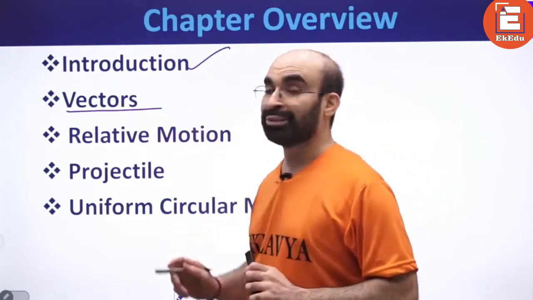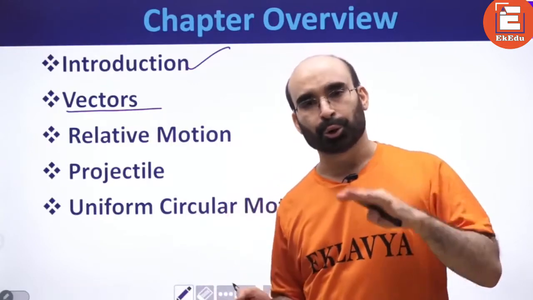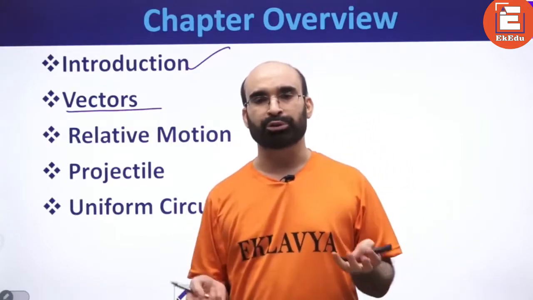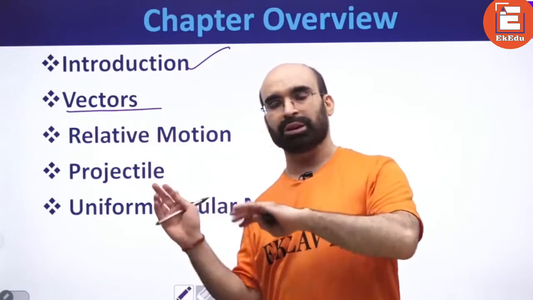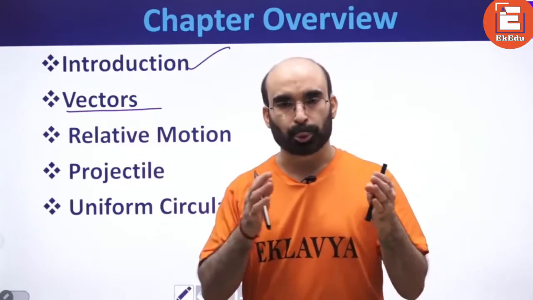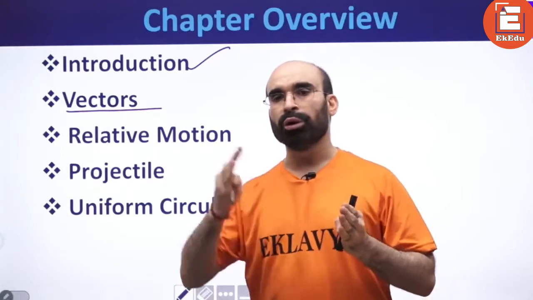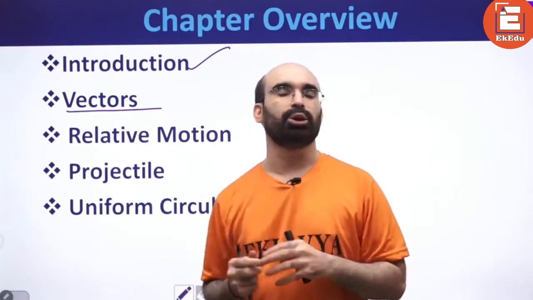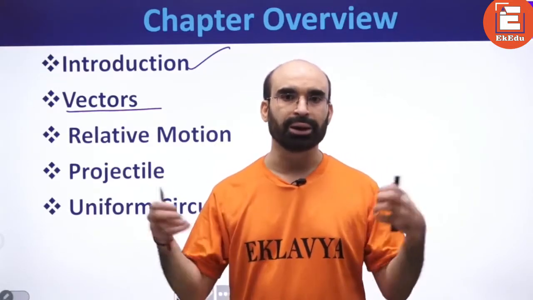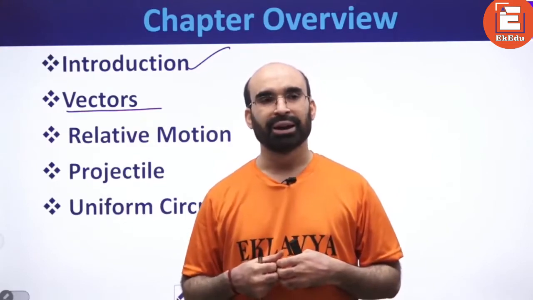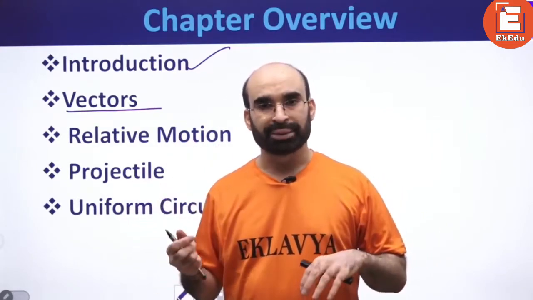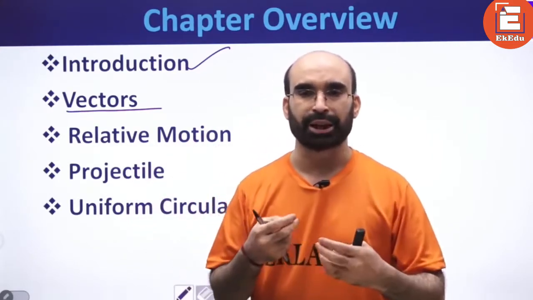But when we have vector algebra, 2 plus 3 can be 1 also, 2 plus 3 can be some other value. So 2 plus 3 can be between 1 to 5. It can take any value between these two, including the two values, right? So vector algebra, that is very exciting.